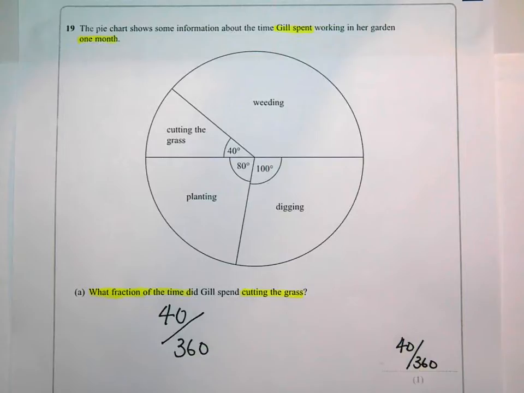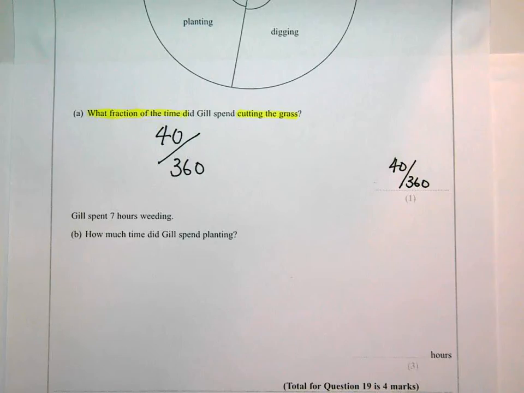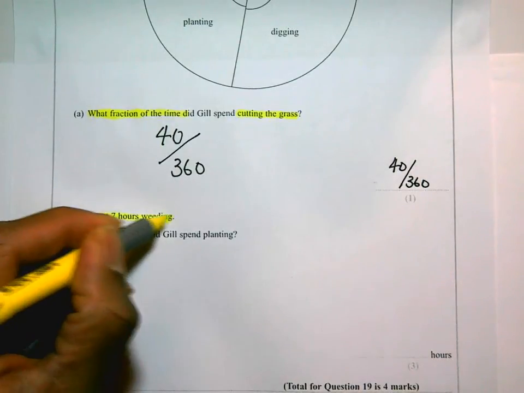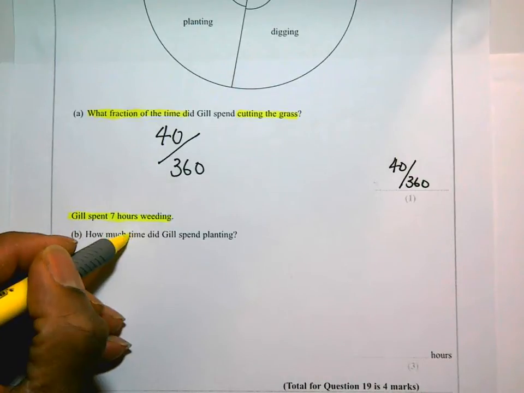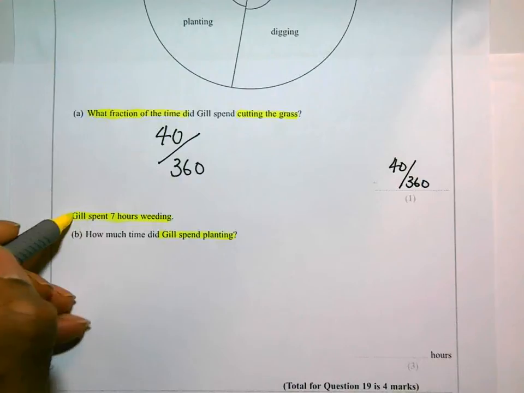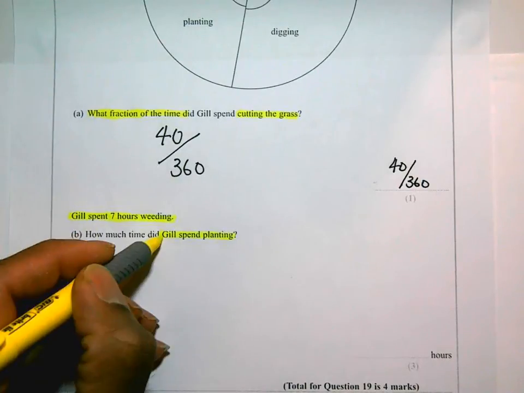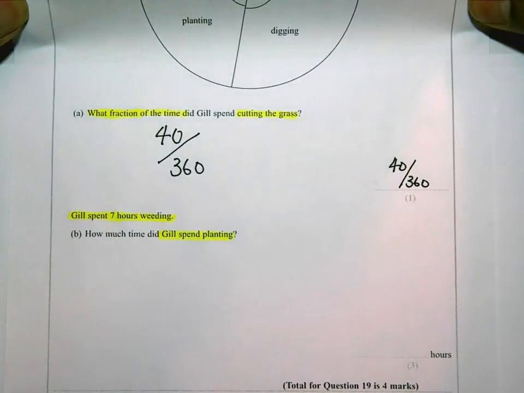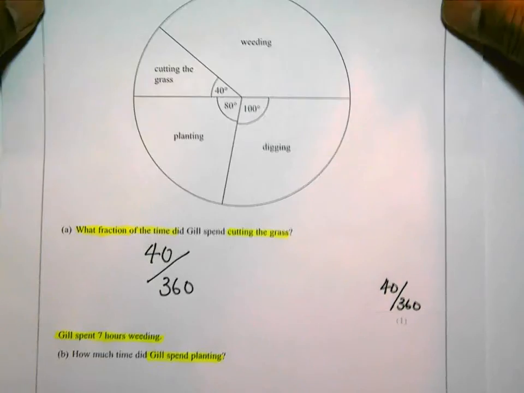Let's look at part B. Okay, in part B, the question says, Jill spent 7 hours weeding. How much time did Jill spend planting? So, if she spent 7 hours weeding, how much time did she spend planting? Alright, for this, I need to go back to the pie chart, and let's have a look here.